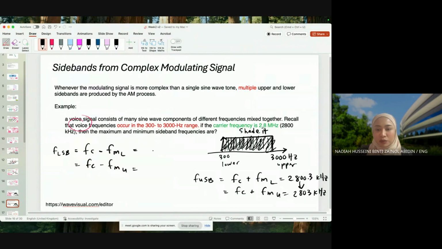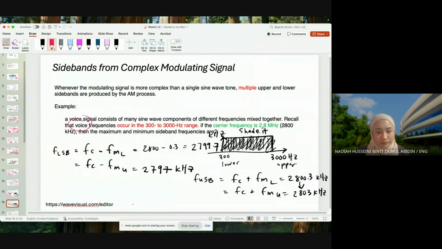So FC is 2800 kilohertz minus 0.3 kilohertz, which is 2799.7, and then minus 3 kilohertz, which is 2797 kilohertz. Hopefully this is right. So how do we draw this?